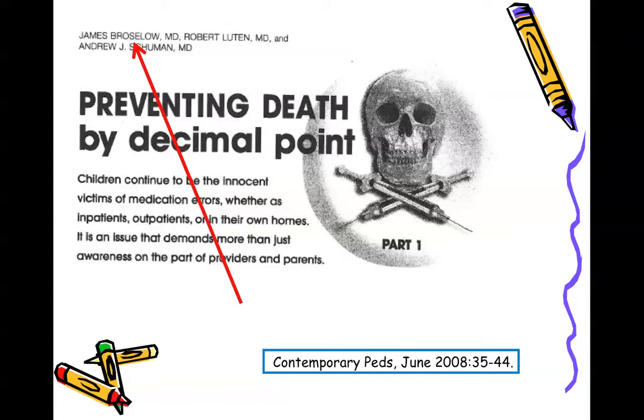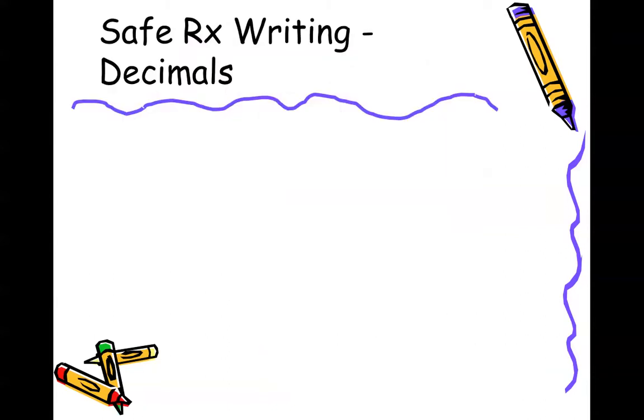He is known for his work in the safety area. One important thing to recognize is that decimal points matter, and we are trying to prevent harm when giving medications to children. There are practices you can follow that will allow you to become a safer prescription writer.